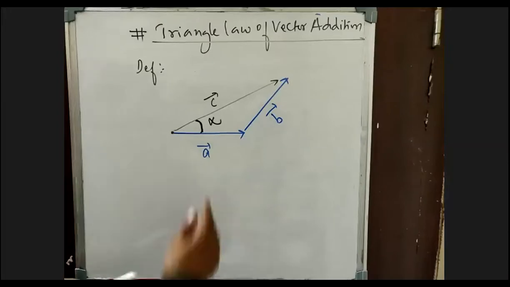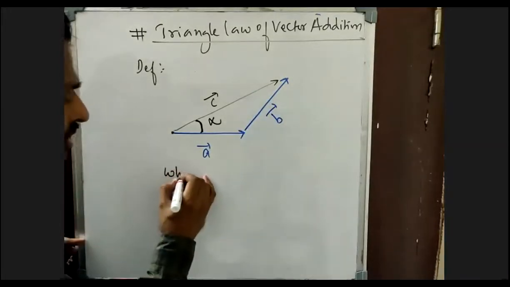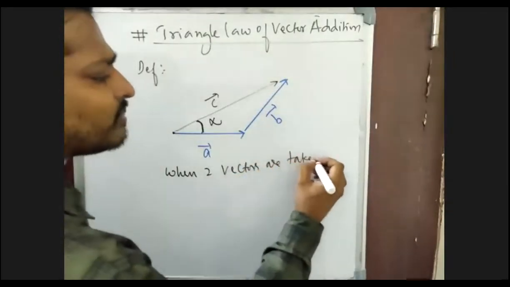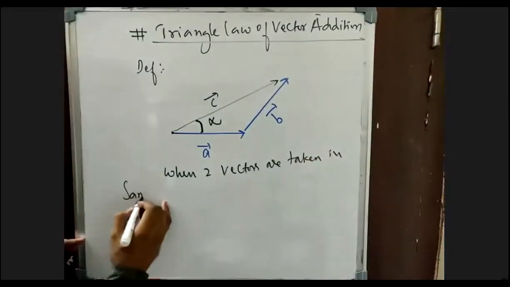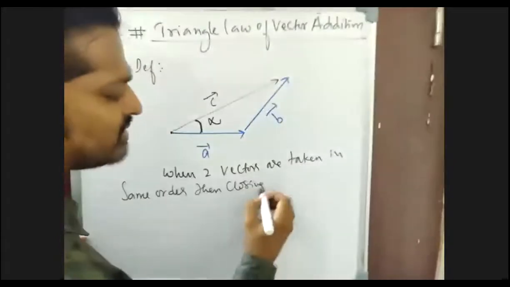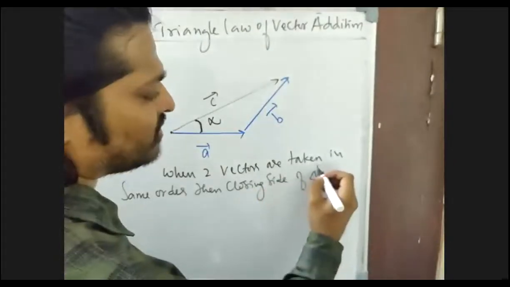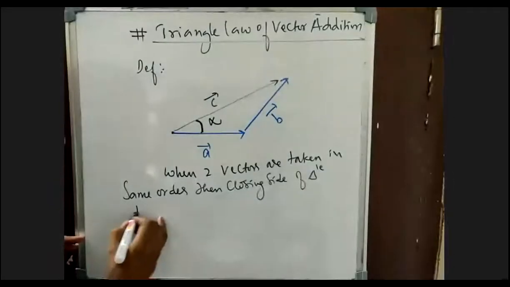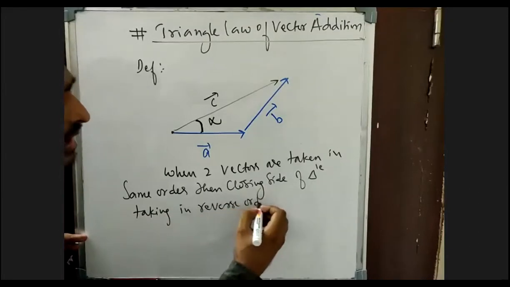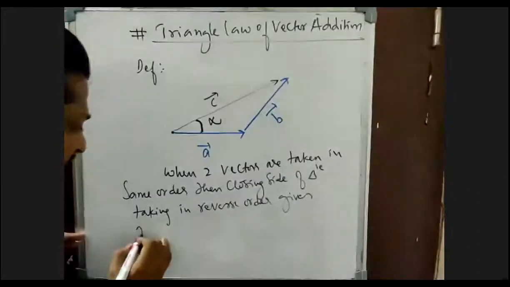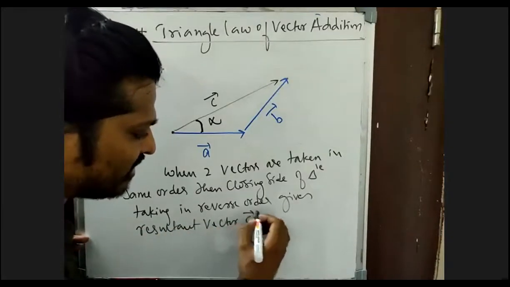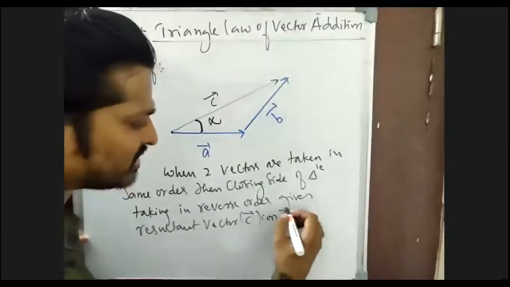It says that when two vectors are taken in the same order, then the closing side of the triangle taken in reverse order gives the resultant vector C bar, or sometimes in some books it is represented by R bar.